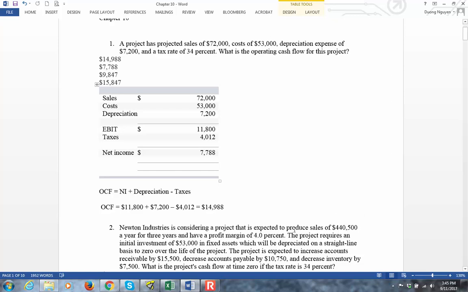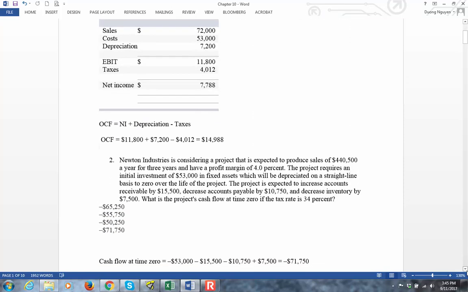So OCF is equal to net income, which is 11,800, you add back depreciation, which is 7,200, minus taxes, which is 12, and the answer is 14,988. Okay. You can try other formulas, but they should give you the same answer.